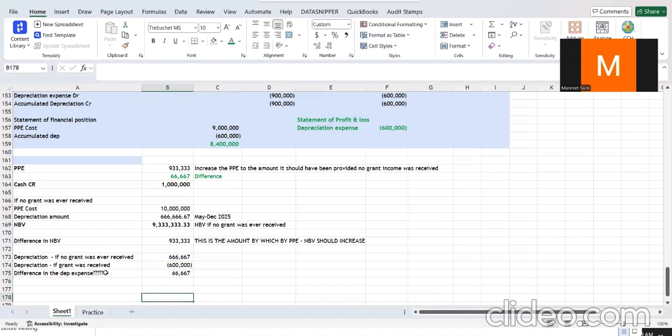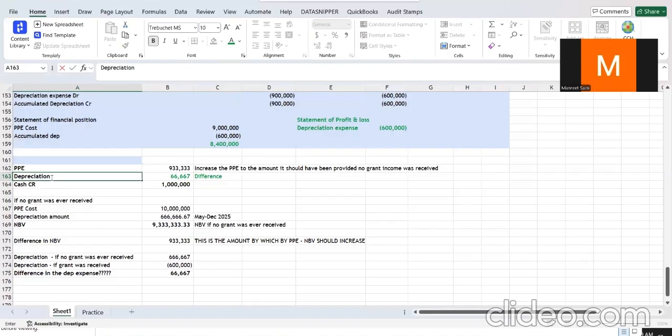Okay, so the difference in the depreciation expense is this, and this is actually equal to the difference that we are getting here in our journal entry. So what we will do is we will charge our depreciation expense by the difference in the amount of the depreciation, right?